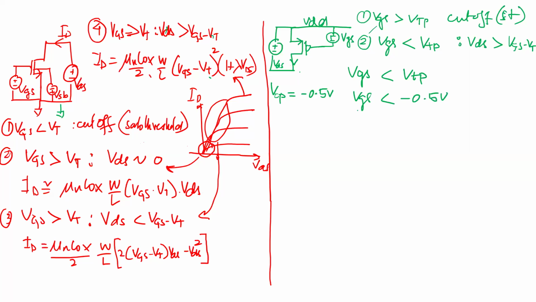So for example, in this case, minus 0.6 is less than minus 0.5 volts. But if you take the magnitude, you say, I just want to do magnitude, then VGS of 0.6 should be greater than the magnitude of VTP. Then it just looks like the NMOS. So if you preserve the signs, all the inequalities flip. If you take magnitudes, then the inequalities become like NMOS.